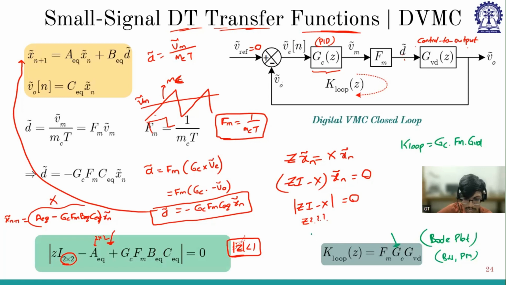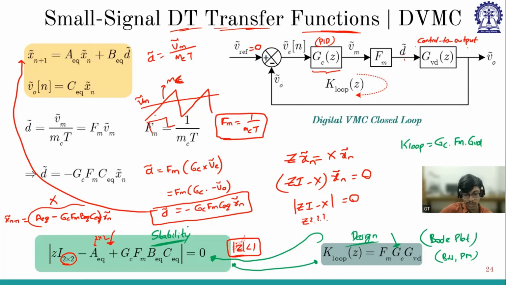And you have to check whether that controller is making the system stable or not, because you might be overcompensating and the system might not be stable. So one is the stability and the other one is the design. For the designed controller, you have to check whether the system is stable or not.